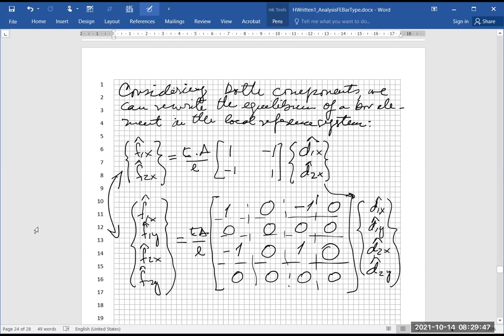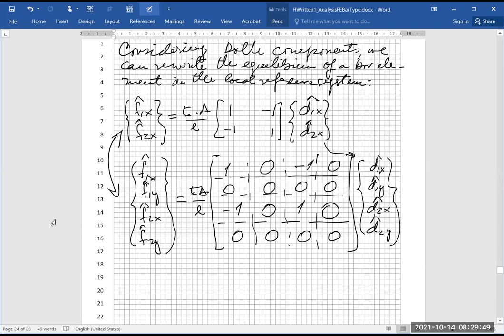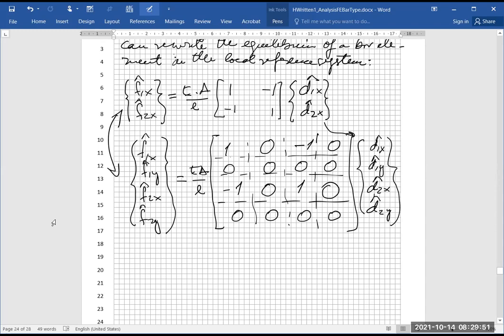Okay? So we can summarize this in the following way. So this is the external force of both joints, but in the local reference system. You see, this is a hat. Okay?